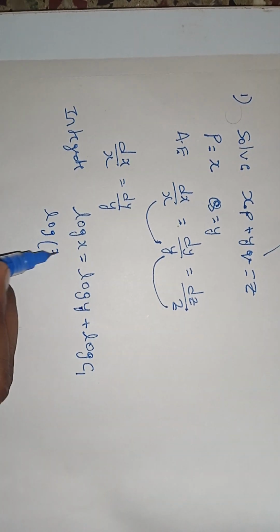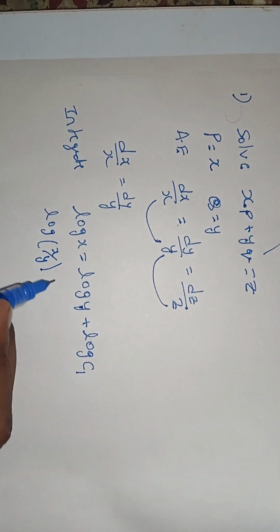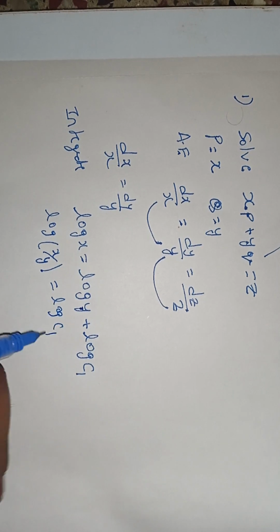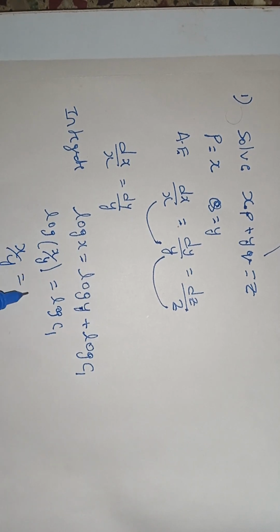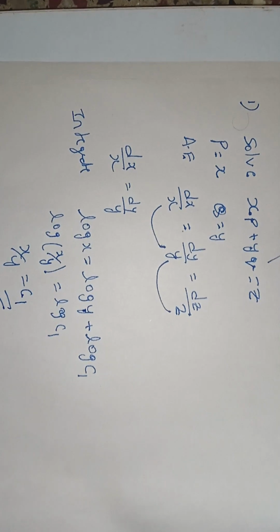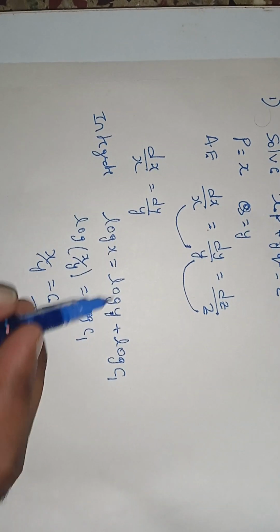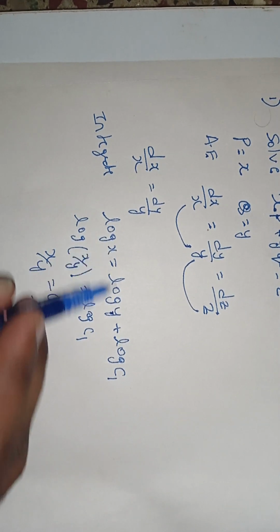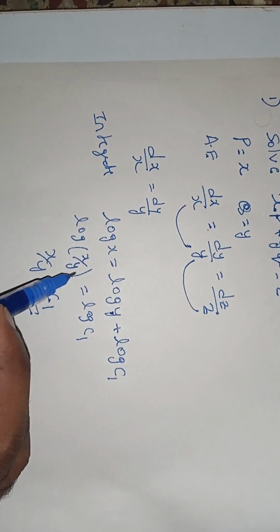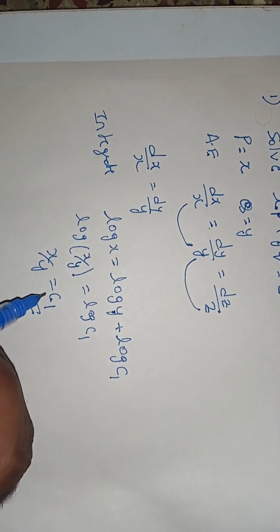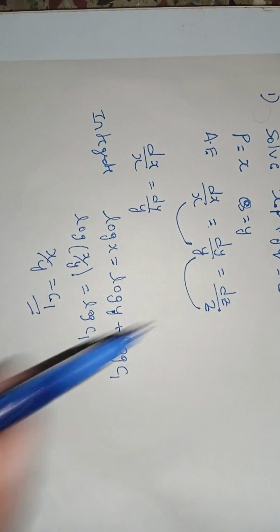Basically it is log x by y is equal to log c1 or x by y equal to c1. Because I'm sending this log y to LHS, so it is log x minus log y, which gives you log x by y property.